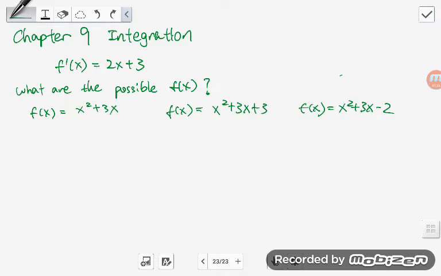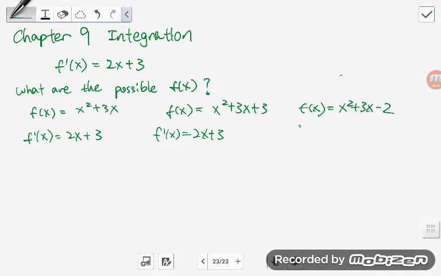So let's see which one of these is a possible f of x. So let's go with the first one first. F prime x from here will be 2x plus 3. Right? And let's move on to the next one. F prime x is equal to 2x plus 3. When I differentiate a constant, it becomes 0.